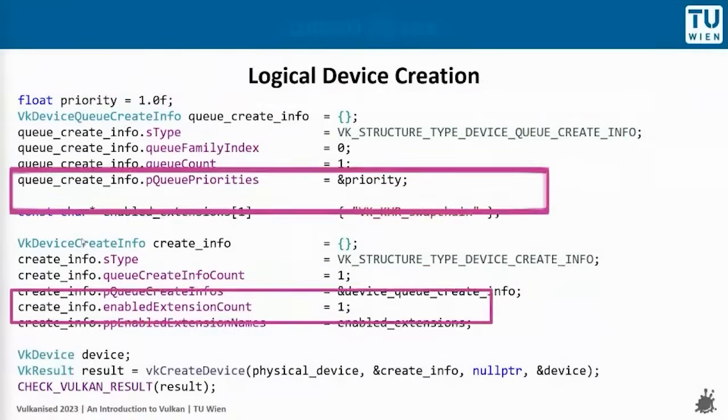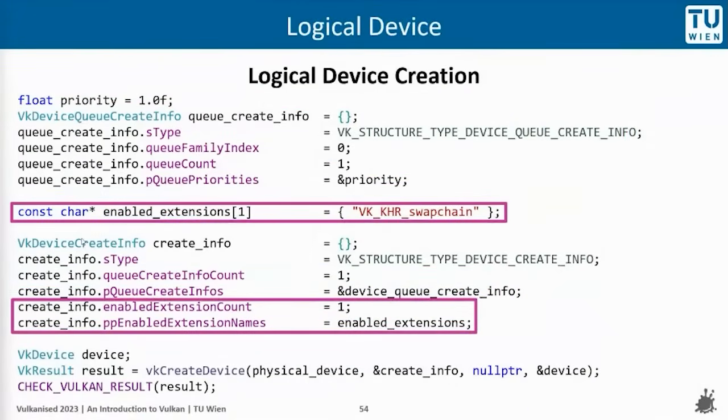Then we enable extensions for this logical device. For example, we were looking for a queue family that supports presentation because we would like to present our rendered result to a screen. So our physical device also needs the swap chain extension so that we get front and back buffers to render into and to present images.